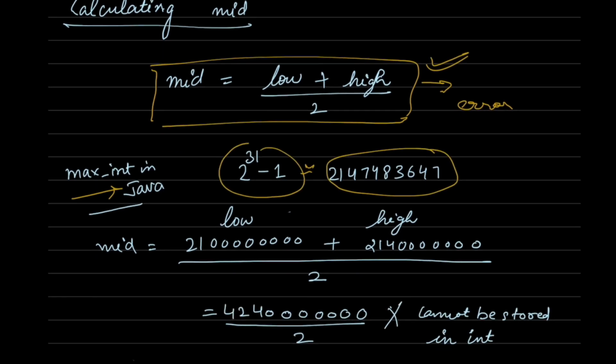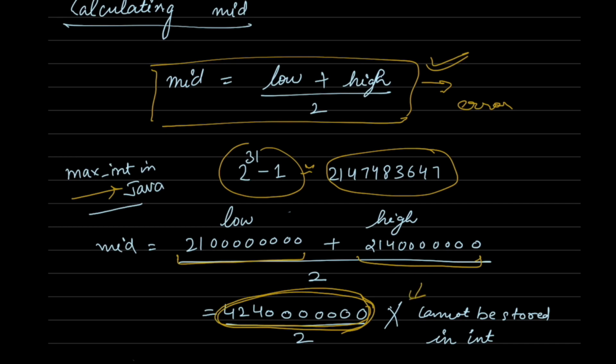Now if the array is too long and we are performing merge sort on it, at some point we might have values like this, and if we add them, the value for low plus high would be equal to this, which would not fit into an int variable in Java, which means it will throw an error.